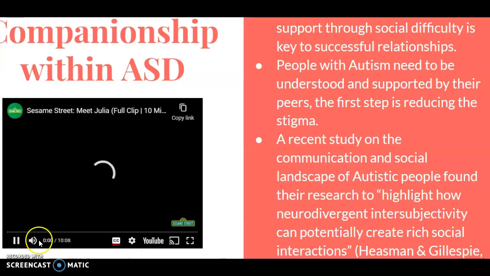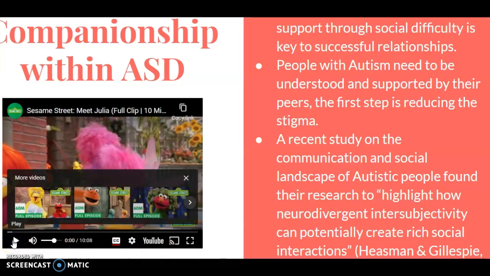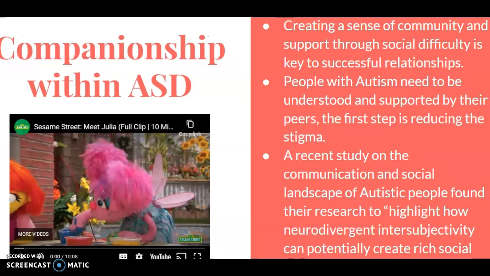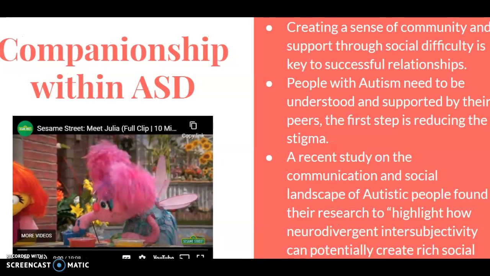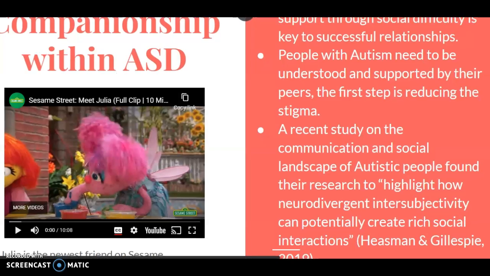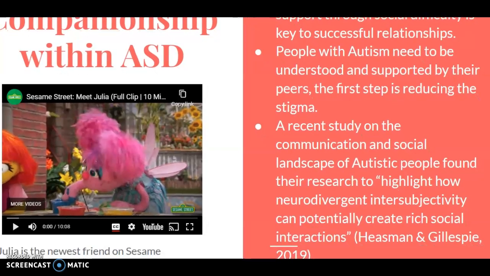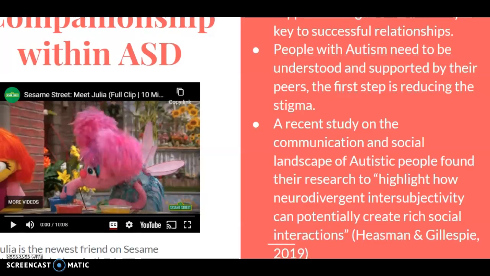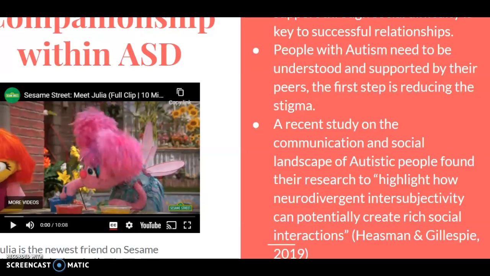Companionship with autism spectrum is something that also has a stigma. It's a socially impacted disorder, so people with autism tend to socially have difficulties. But a recent study done last year on the communication and social landscape of autistic people found their research to highlight how neurodivergent intersubjectivity can potentially create rich social interactions.